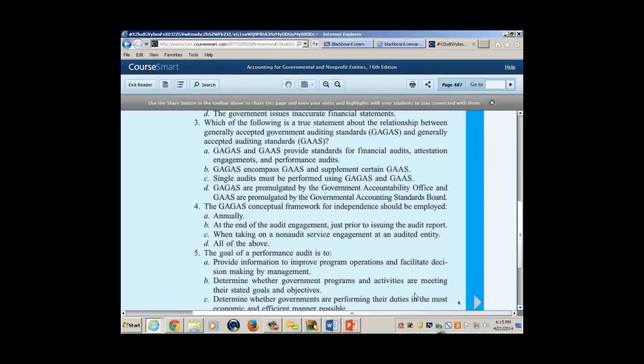Number 3, which of the following is a true statement about the relationship between GAGAS and GAAS? And the correct answer is B. They encompass and supplement, it adds to these standards.